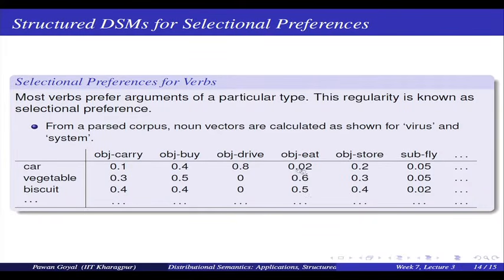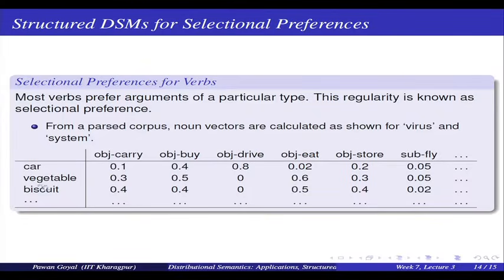From the corpus, one simple thing I can do is find out which words have a high value. So I know vegetables can be eaten, biscuits can be eaten, so they have a high value. But suppose I want to build a prototype for a new word that is not occurring in the corpus: how likely is it to come as the object of the verb eat?